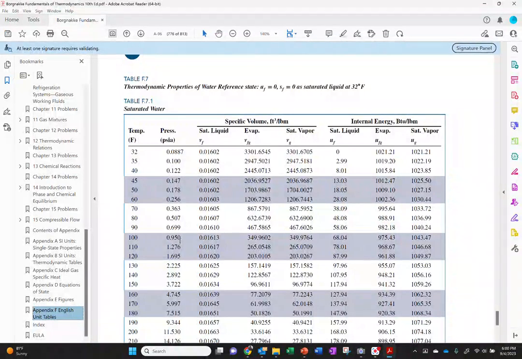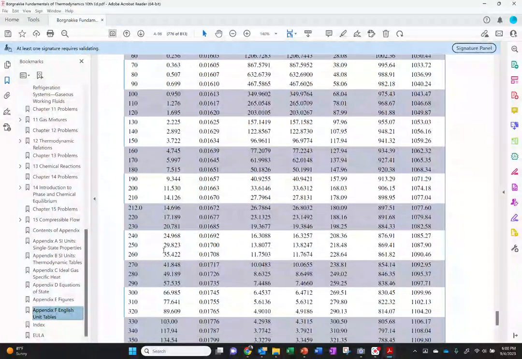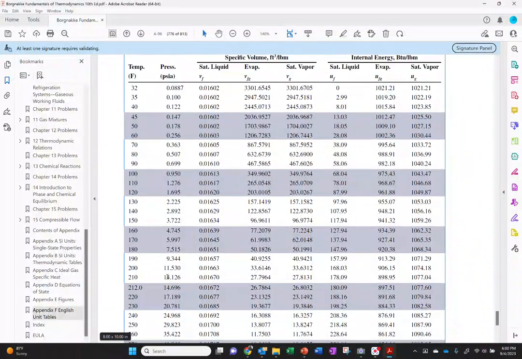So we said that we were going to have 50 psi. Well, that's going to be right here, and that's really, really close. So much so that you could just say, hey, 49.189. I didn't even bother writing that down on my sheet here attempting to interpolate. Let me double check.